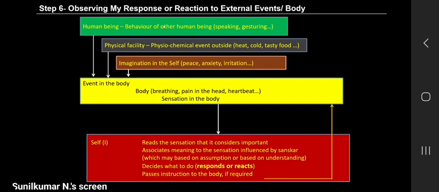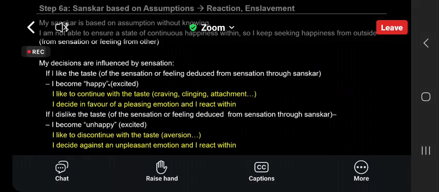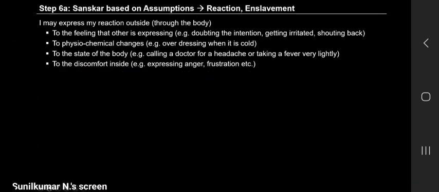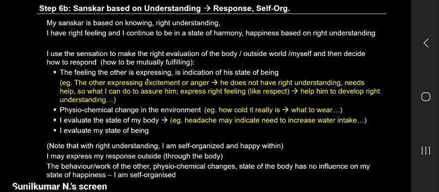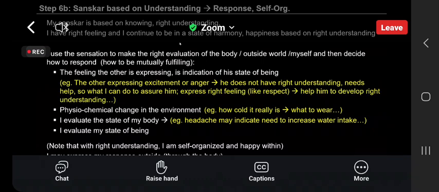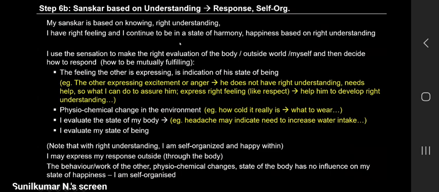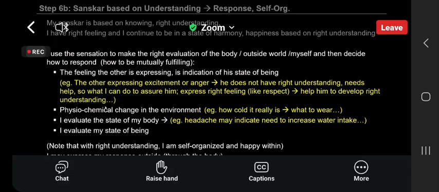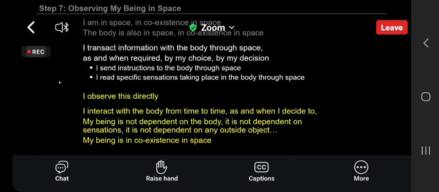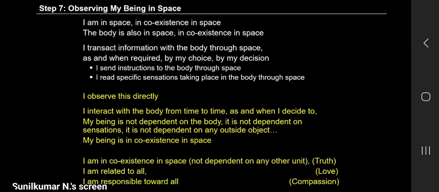With this, we are discussing step 7. In step 7, now I am observing my being in the space. So earlier I was studying myself as a unit, body as a unit, interaction between the two as an information.